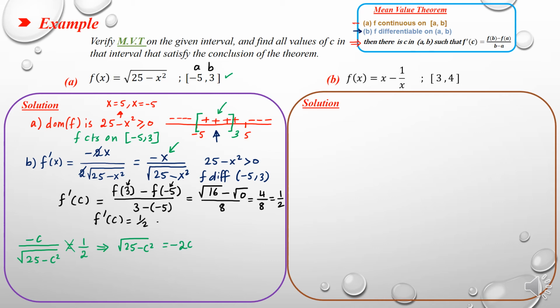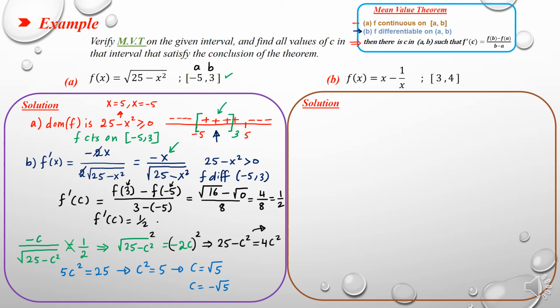Take power 2 to both sides. You will get 25 minus C squared equals 4C squared. Moving negative C squared to the right-hand side, you will get 5C squared equals 25. Divide by 5 on both sides, C squared equals 5. Take the square root of both sides, C equals radical 5, or C equals negative radical 5.